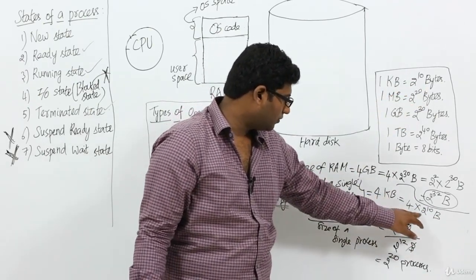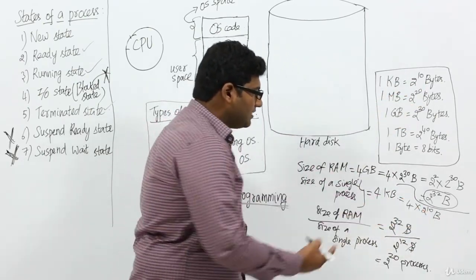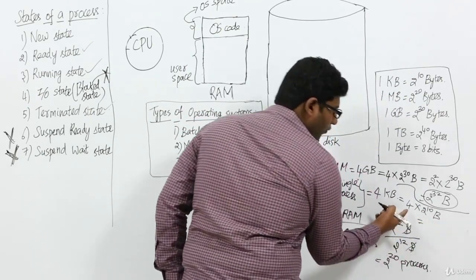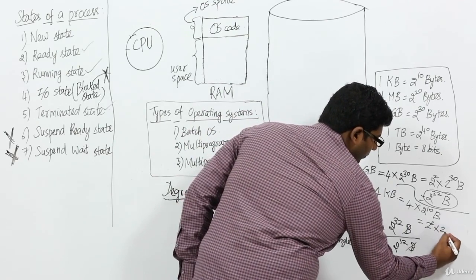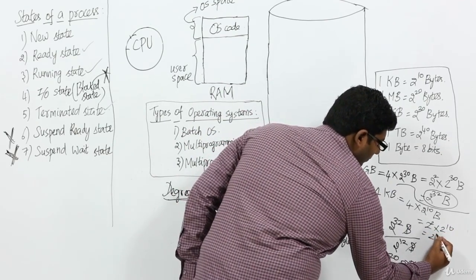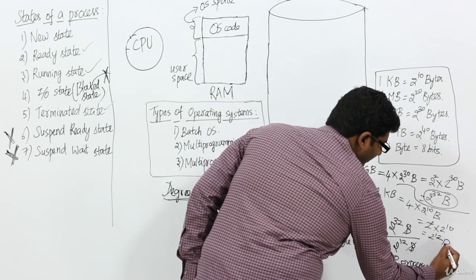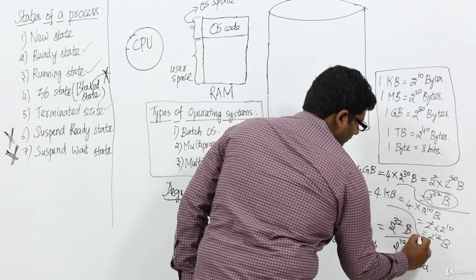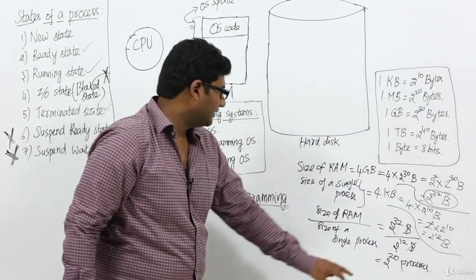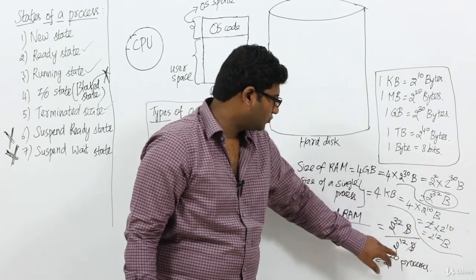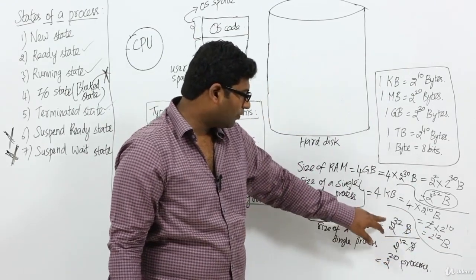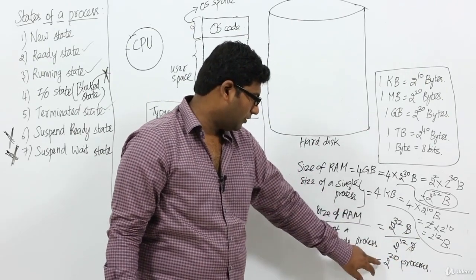Now this 4 can be written as 2 square, and so 2 square into 2 power 10 is nothing but 2 power 12 bytes, right? This is why I have written it as 2 power 12 bytes. 2 power 32 divided by 2 power 12 is nothing but 2 power 20.